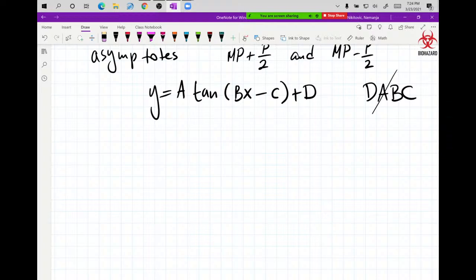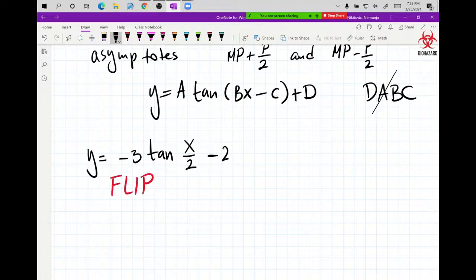So let's say we have y equals -3 tangent of, let's just have x over 2 minus 2, whatever. So the big flip is here.